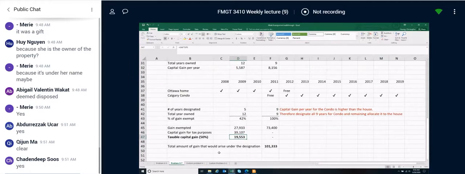Okay, so at the end of the day, and I should say, basically we're exempting 101,333 because we're using the principal residence designation.